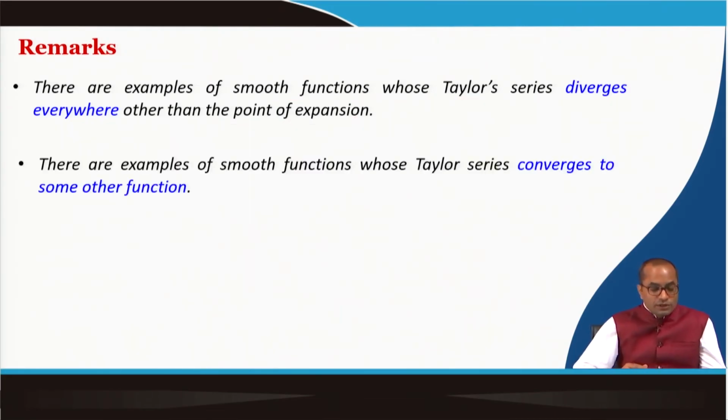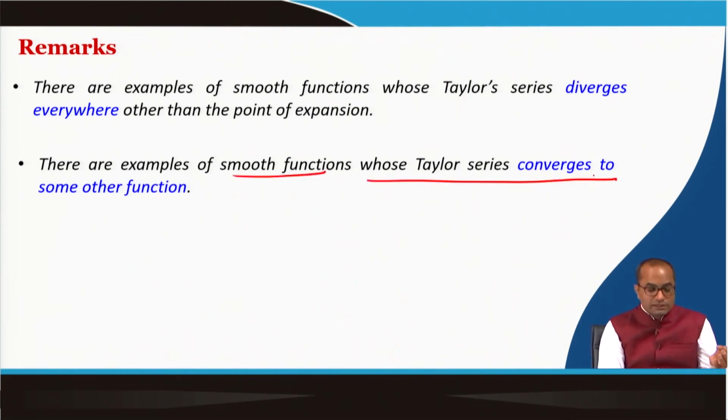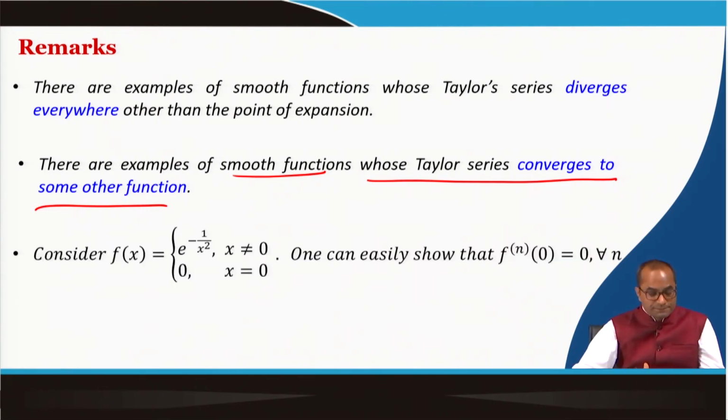There are also examples of smooth functions whose Taylor series converges to some other function. So, it may happen that the series we are writing converges to some other function. Therefore, the condition we mentioned before, that R_n(x) must go to 0 as n goes to infinity, is needed; then only is f(x) equal to that Taylor series.